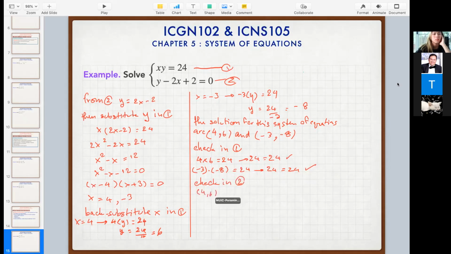For 6 in here we said, okay, 6 minus 2 times 4 plus 2 equals 0. Okay, 6 minus 8 plus 2 equals 0. 0 equals 0. That is okay. Now we check the second one, negative 3 and negative 8. We said negative 8 minus 2 times negative 3 plus 2 equals 0.